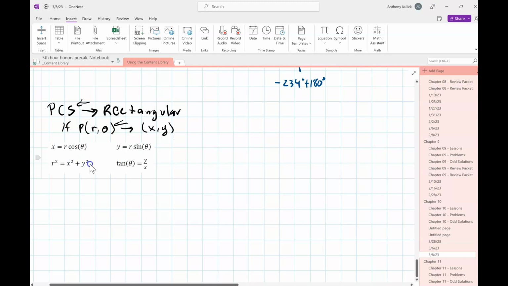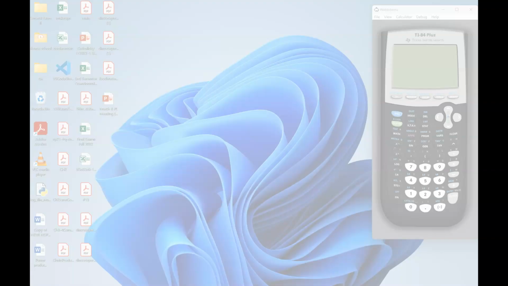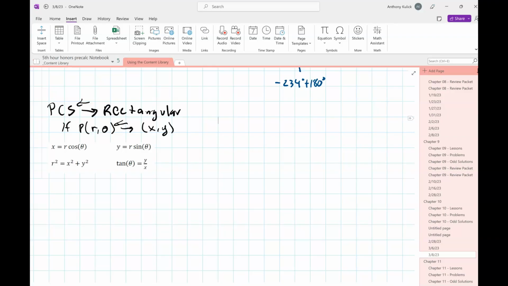And to go from my rectangular points back to polar, x squared plus y squared gives me r squared, and tan theta will give me y over x. Does this look familiar? Yeah, right? This looks like exactly the trig stuff that we've done before, right?